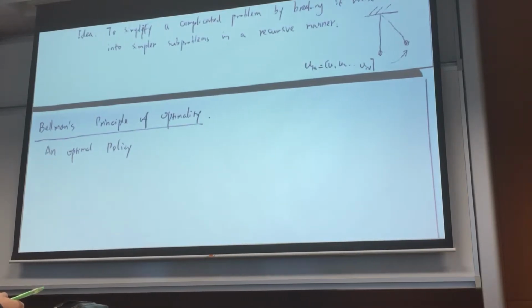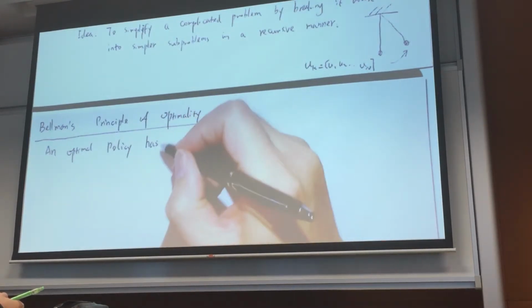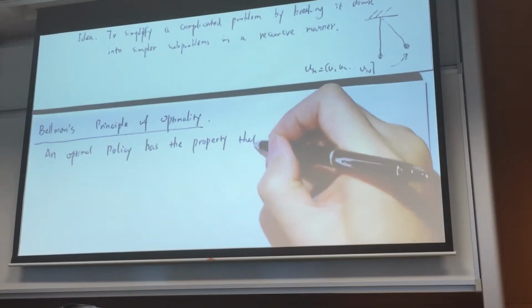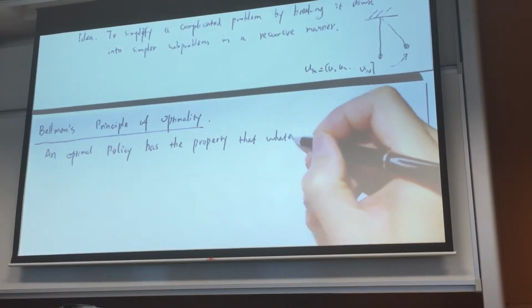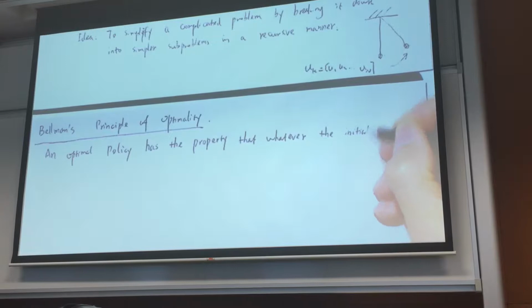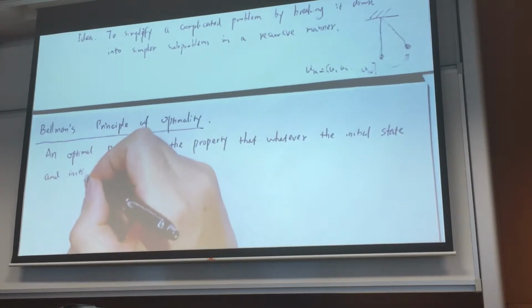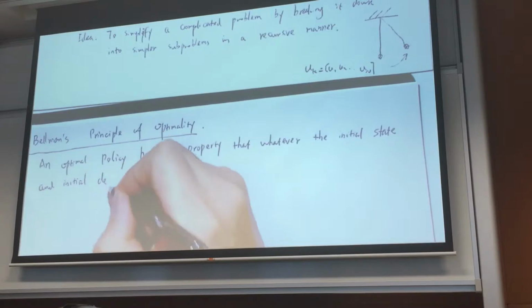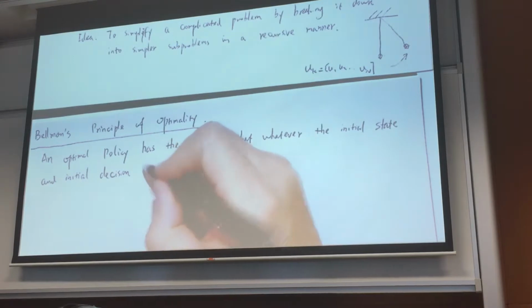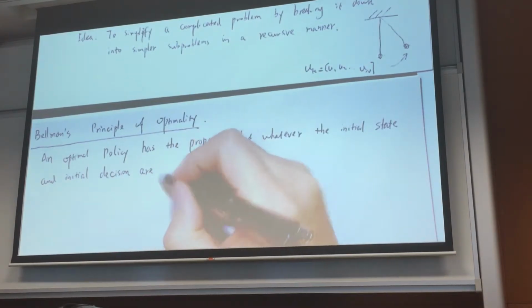An optimal control policy has a property that the initial state and the initial decisions are not so important.